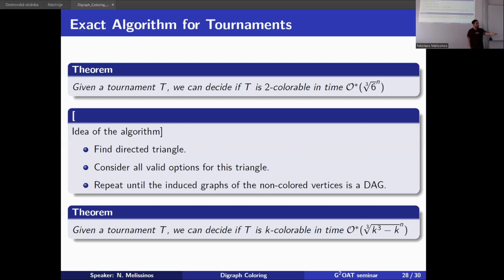So for this triangle, you have basically 6 options. That's clear. But what do you do then? Do you decide this coloring and remove the triangle from the graph, or what exactly? You can just color it and keep it there, and check if the uncolored part is acyclic and continue. And if it's not, you continue to find new triangles and color them.